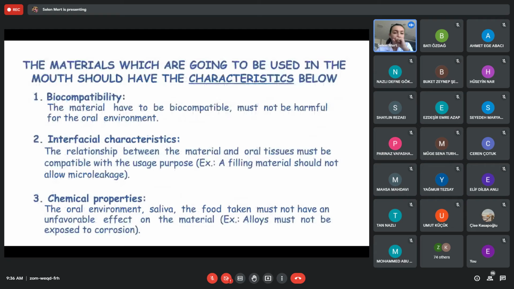Last is polymethyl methacrylate, as I mentioned before. Polymethyl methacrylate is composed of methyl methacrylate monomeric materials, and these unpolymerized monomeric materials may cause contact dermatitis in doctors' or patients' hands or mouth.